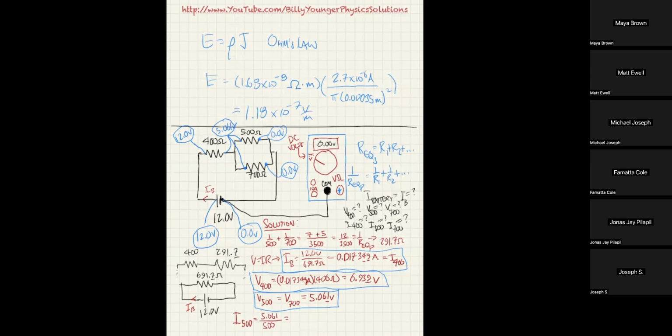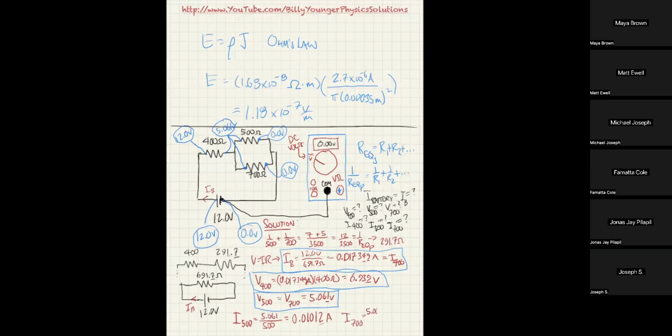And that's going to give me 0.101. Excuse me, I did too large a magnitude on that one. 0.0101 and then a 2 amps. And I700 is done the same way.